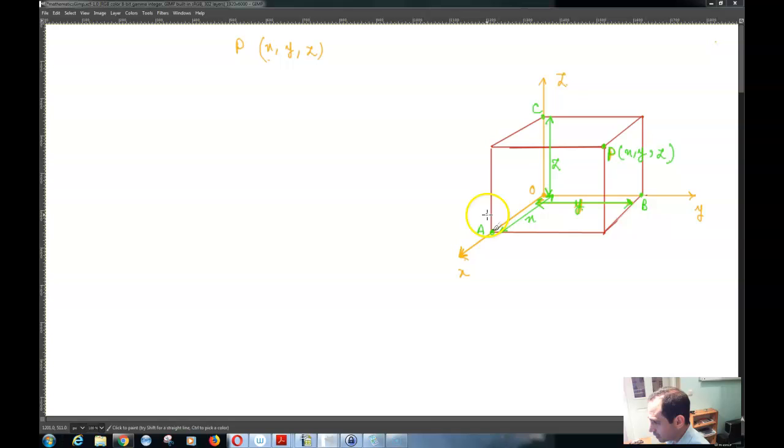And through the point C, you need to draw a plane parallel to the XY plane. And then the point of intersection of these planes is going to be basically your point P.